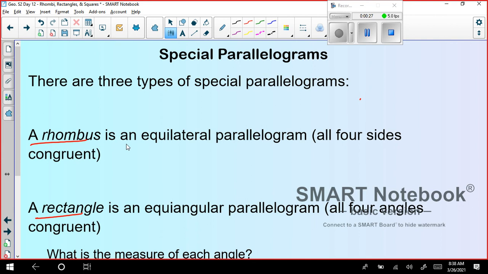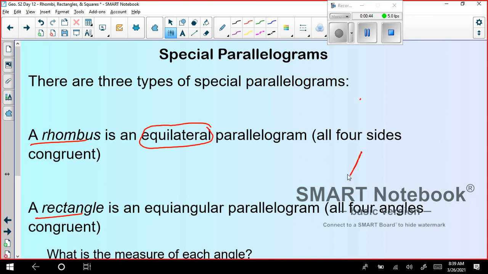Okay, what is a rhombus? A rhombus is an equilateral parallelogram, which means all the sides are equal. If you have a rhombus, then all of its sides are equal.